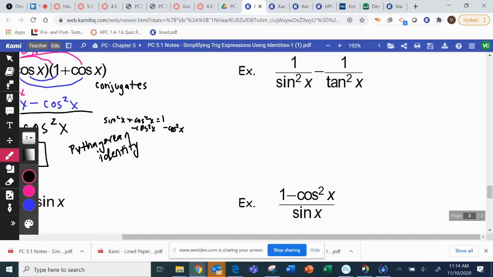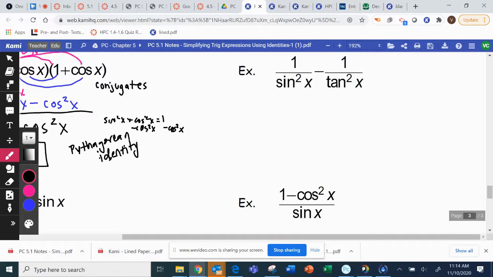Right now I have subtracting things, and they're fractions. What do you have to do when you're subtracting fractions? We need a common denominator. Right now, sine squared x and tangent squared x have nothing in common.